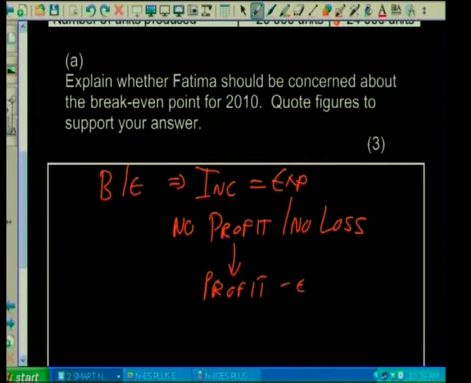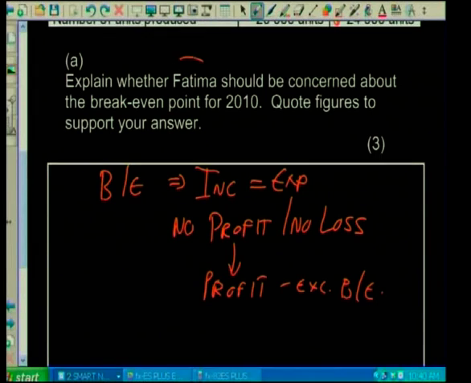If the business, however, is manufacturing below break-even, so if our break-even was calculated at 20,000 and we are manufacturing 19,999 units, it's one below the point of break-even, we are making a loss. You guys understand that. It's a simple concept. The moment I manufacture above break-even, I'm making a profit. The moment I manufacture below break-even, I am making a loss.